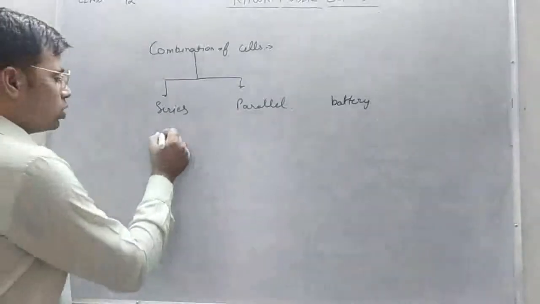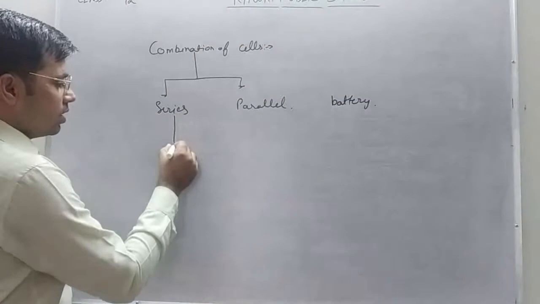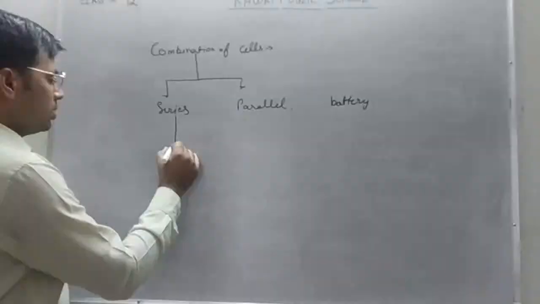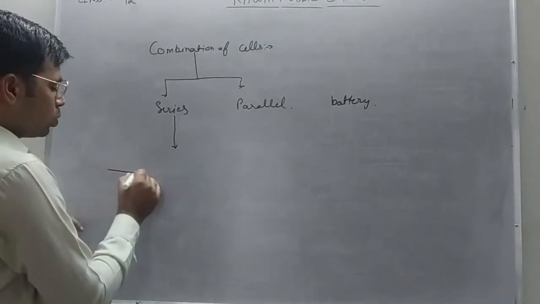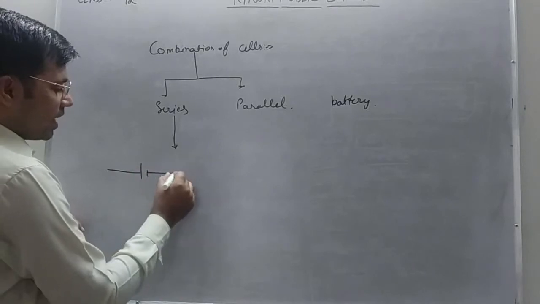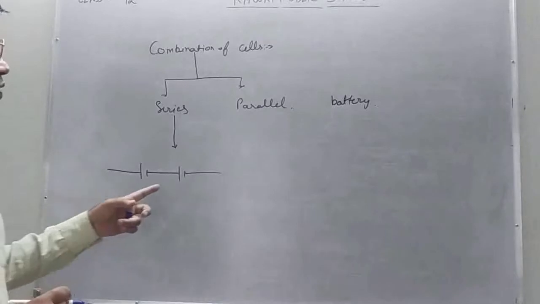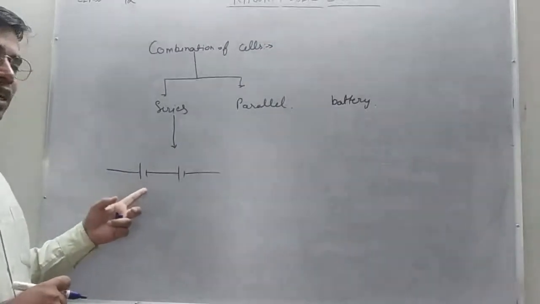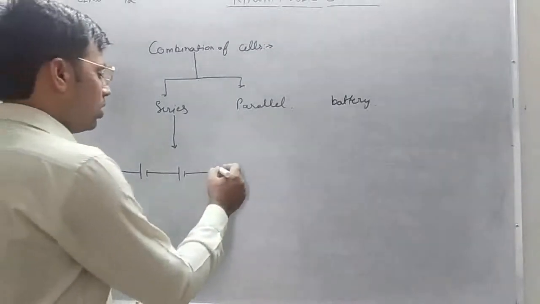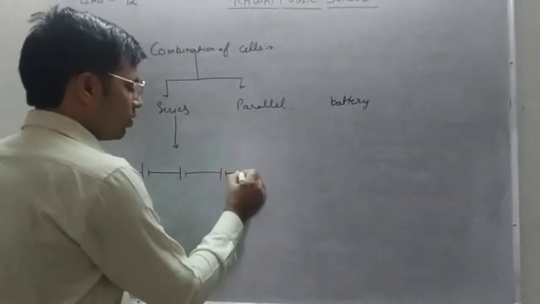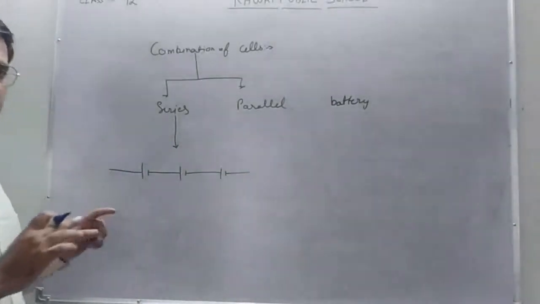In series combination, two or more cells are connected in such a way that the positive terminal of one cell is connected to the negative terminal of the next cell. Such a combination is a series combination.